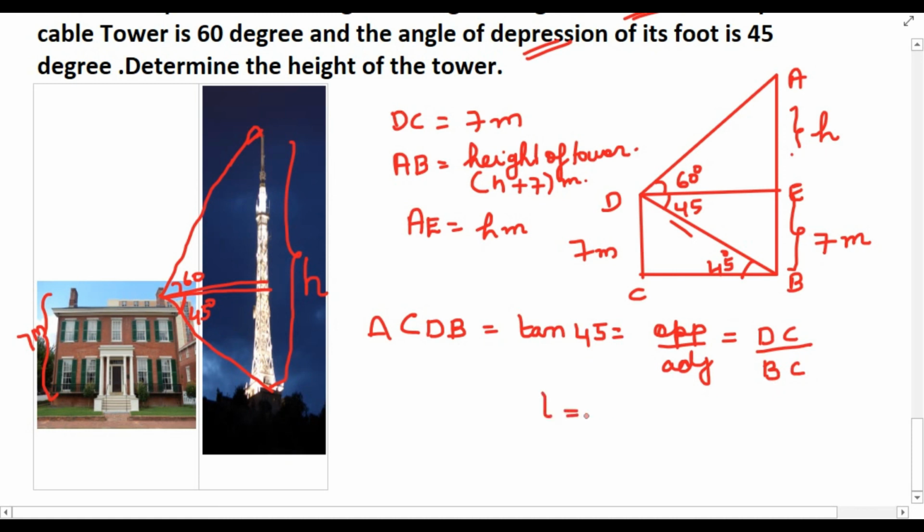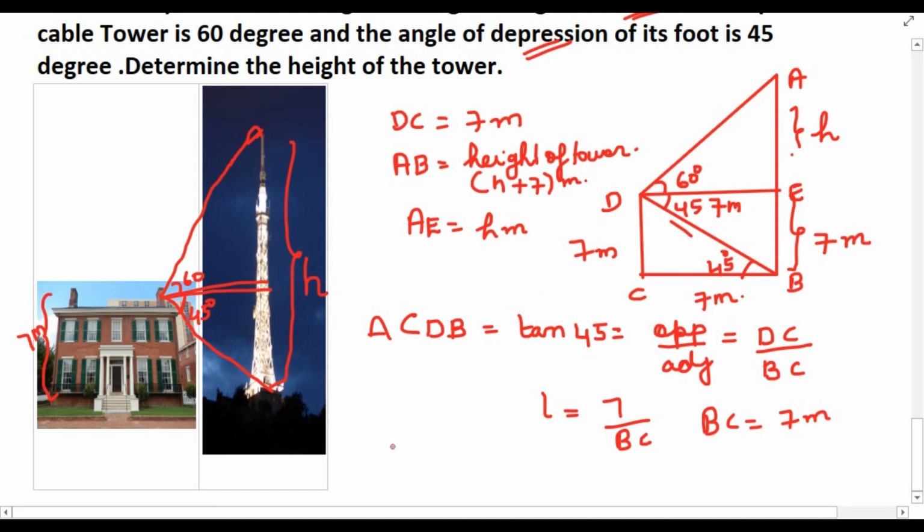Tan 45 is 1, DC is 7, BC we don't know, we'll write BC only. Therefore BC is also 7 meter. Now we got this as 7 meter. If BC is 7 meter, DE will also be 7 meter since opposite sides of this rectangle will be equal. So DE is also 7 meter.